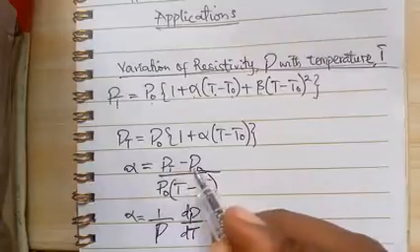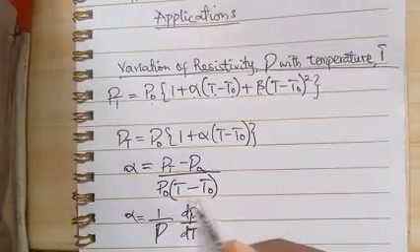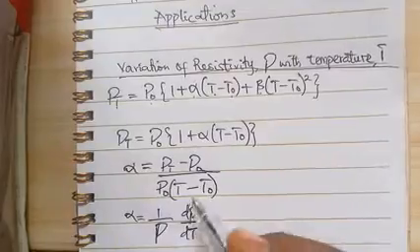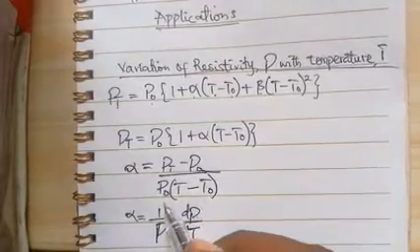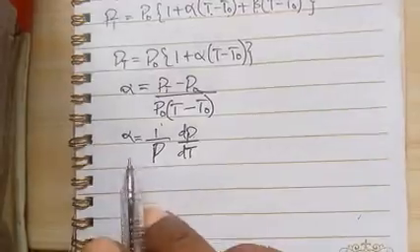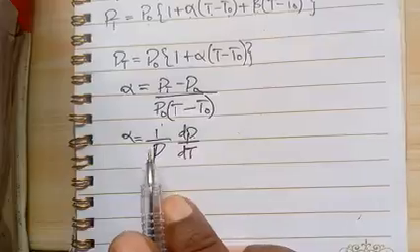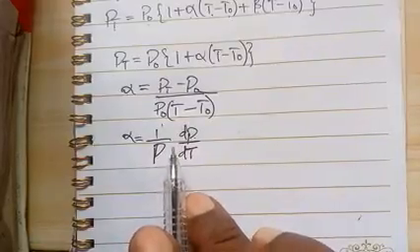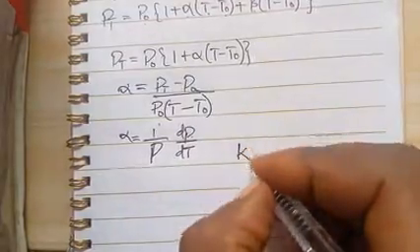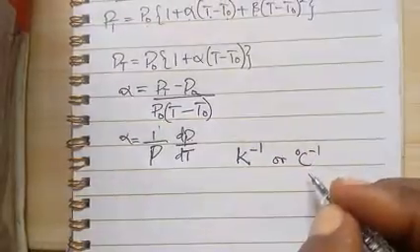This is the change in resistivity, and this is the change in temperature. So alpha may be defined as the fractional increase in resistivity per degree increase in temperature. The unit is per Kelvin, or per degree Celsius.